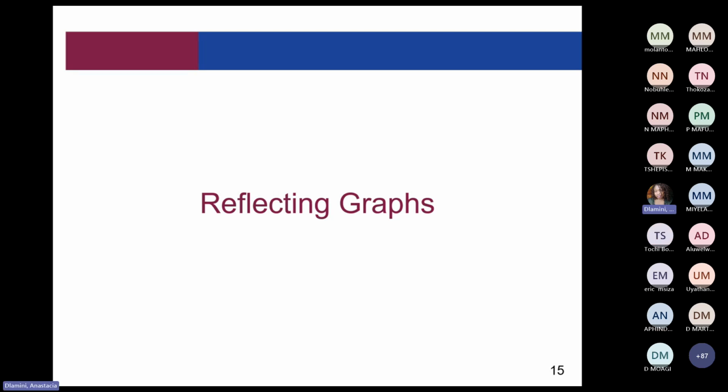But when you're turning the graph into an inverse, where are you reflecting the graph? From the x equals y line?